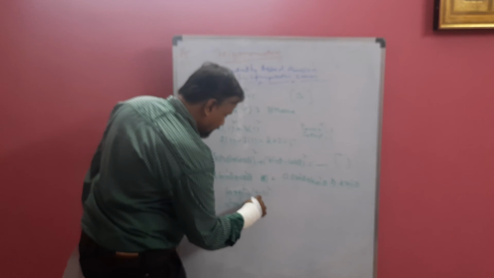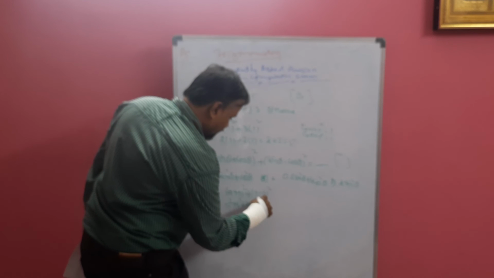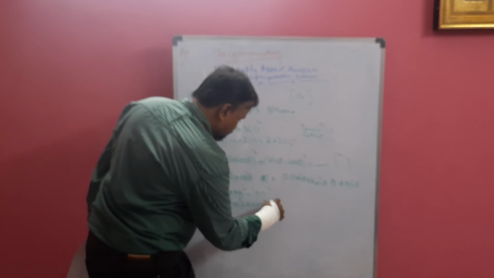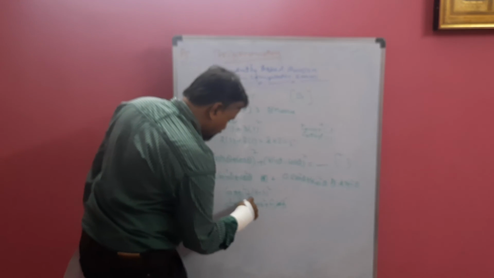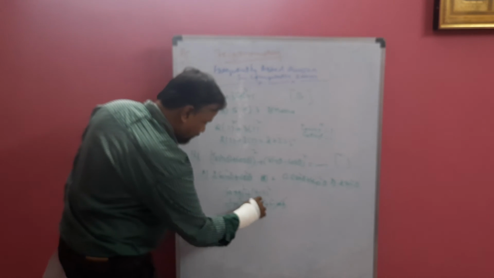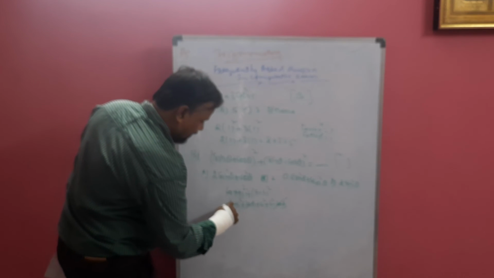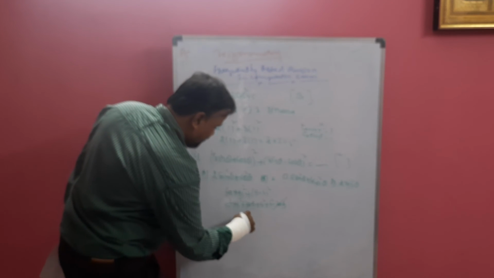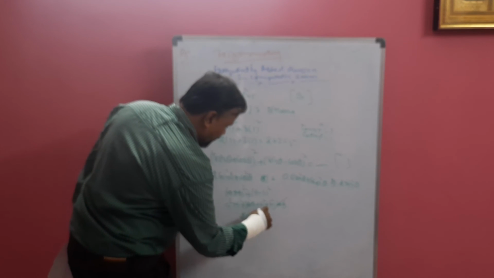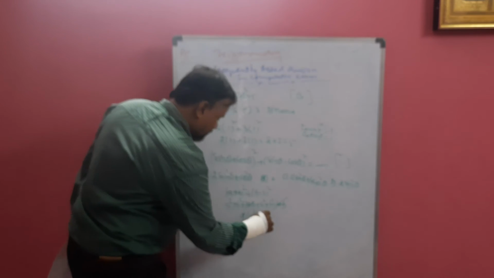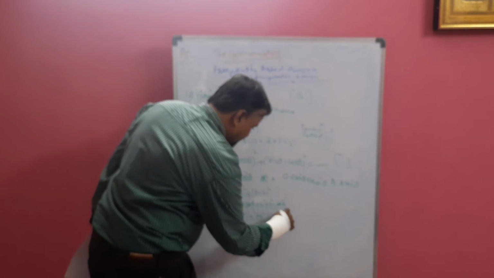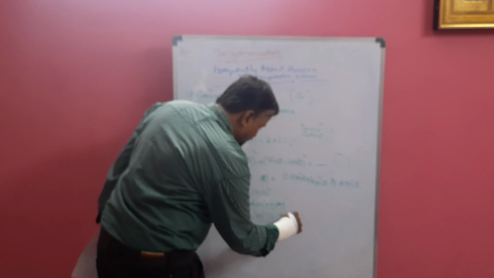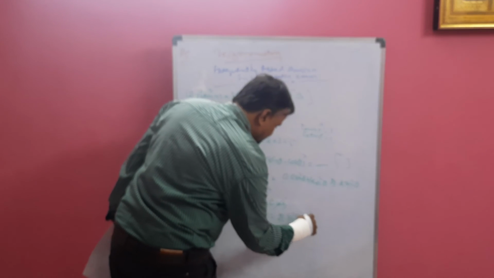If we write a minus b whole square, this is a square plus b square but minus 2ab. Minus 2ab gets cancelled. So we get a square, b square, a square, b square, that means 2 times a square plus b square. A is sine, so this is nothing but 2 times sin square theta plus cos square theta.